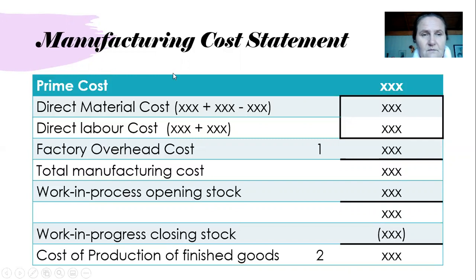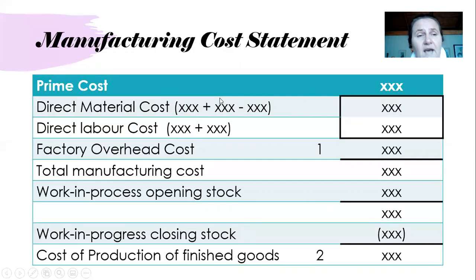They often don't give you the direct material cost straight. So this can be up to about 5 marks. You can have my opening stock, my purchases minus my closing stock, so a minimum of 4 marks if they don't give you this figure. They sometimes do, so you need to read very carefully what they give you.